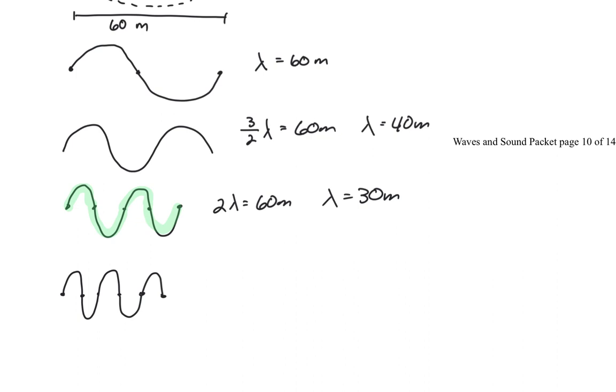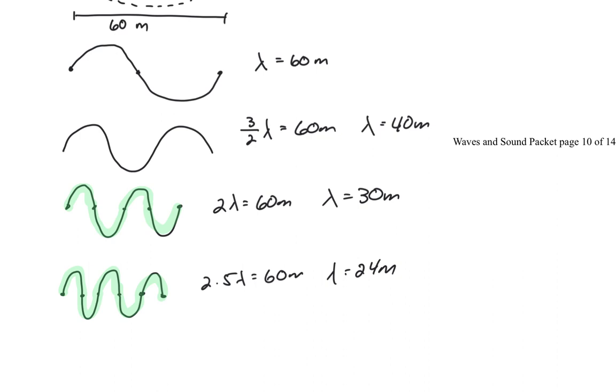And if I count how many wavelengths I have, I've got half, 1, 1 and a half, 2, 2 and a half. So 2.5 lambda is equal to 60 meters. And now I can solve for that, and I can see that lambda equals 24 meters.